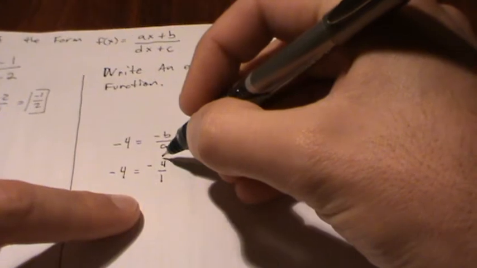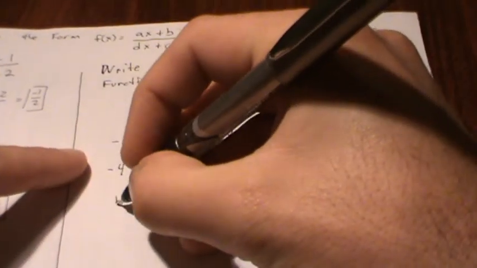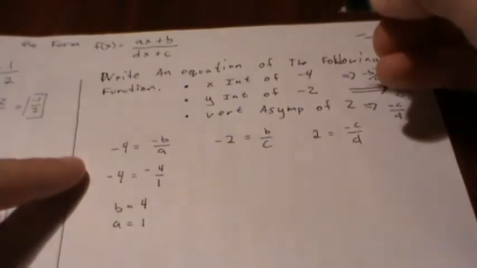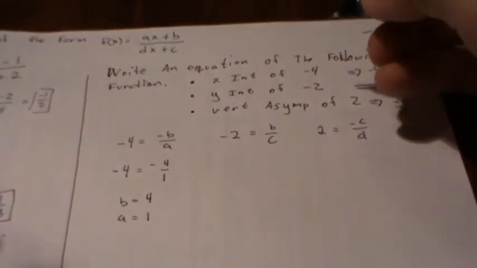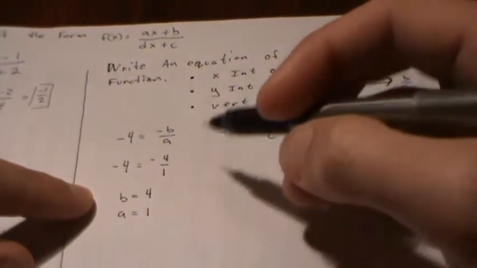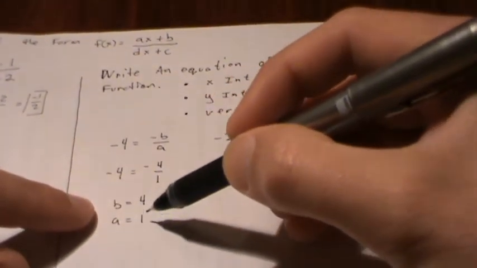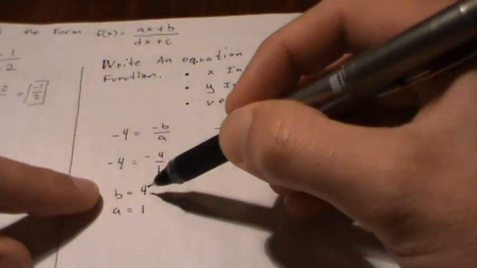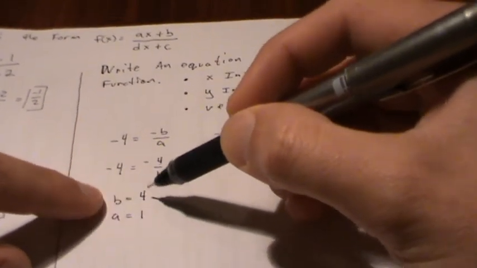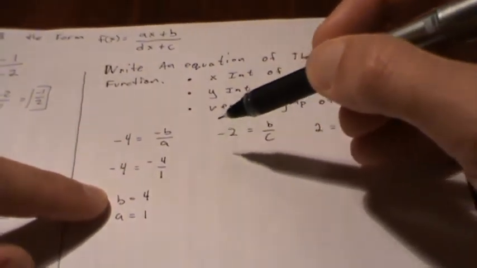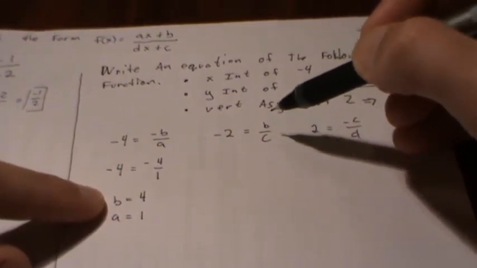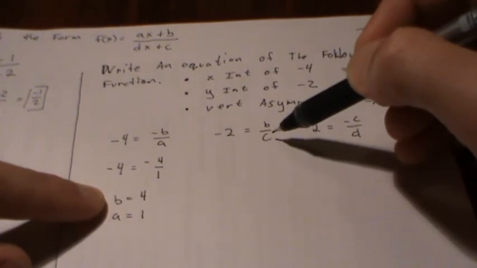So in this case, my b is 4 and my a is 1. Okay, so I've got two things now. Now I take this information and bring it over to the next one. Notice I have a b and an a. If I know that my b must be 4, then I can plug it in here and figure out what my c has to be.